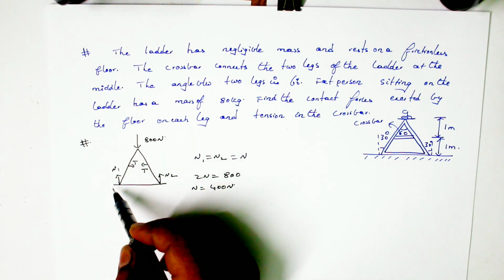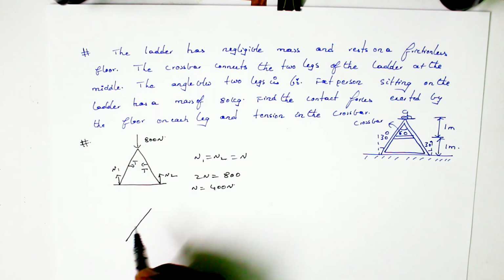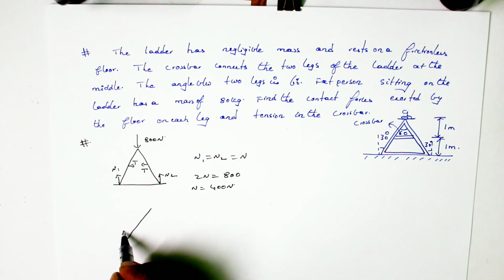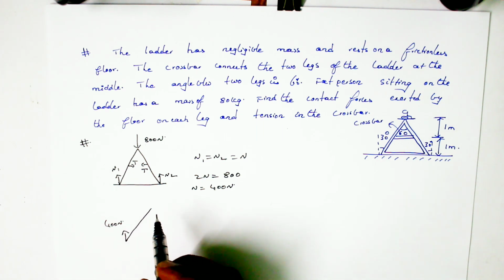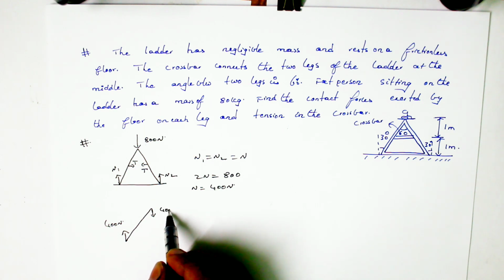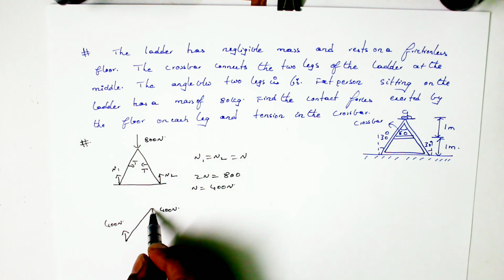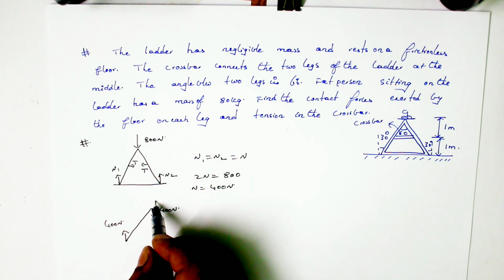Now if I draw each side separately, this is how I can draw. Here a normal reaction of 400 Newton is acting, and because of the other side there will be a normal reaction of R also.